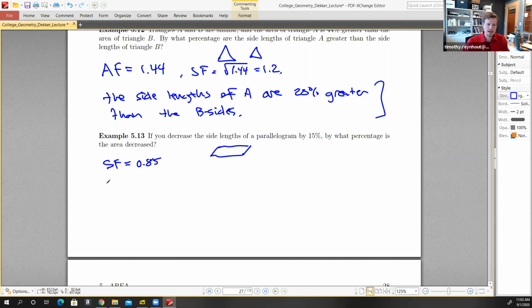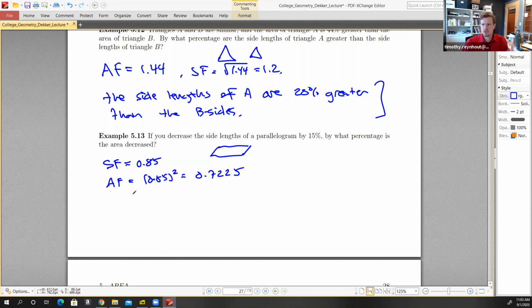Awesome, that's not so bad. And that tells us that the area factor is equal to 0.85 squared, which is 0.7225. All right, so that tells us that the area has been reduced to 72% of what it was.